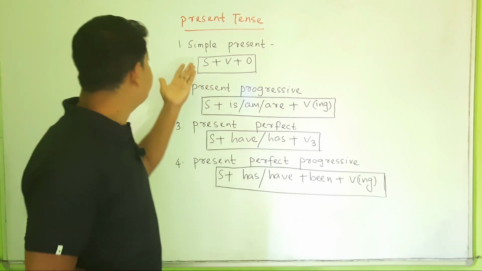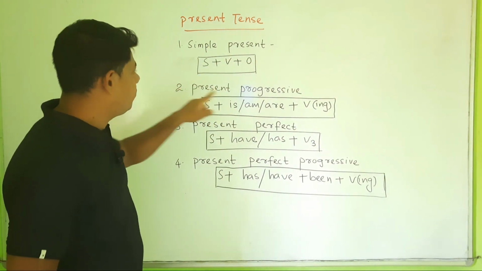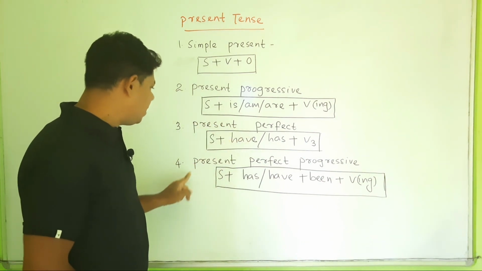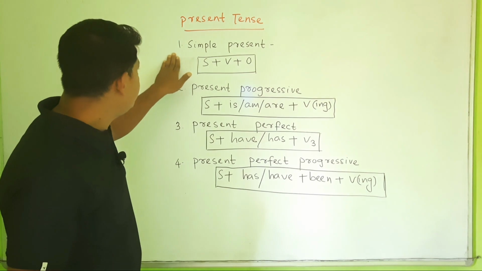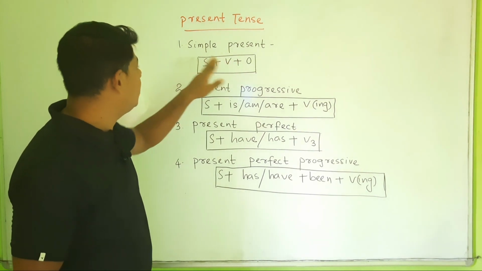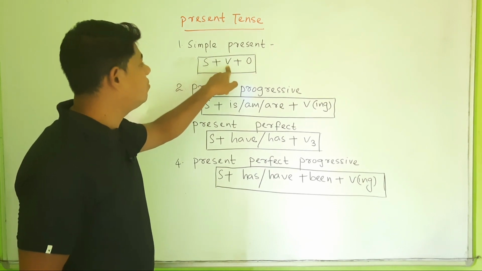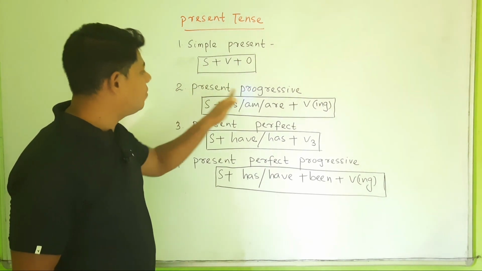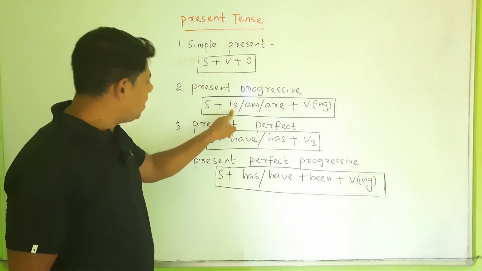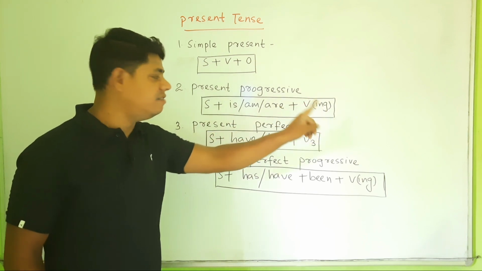So friends, you can see the present tense is divided into simple present, present progressive, present perfect, and present perfect progressive, or present perfect continuous, you can say. In the simple present, the sentence is written in the form of subject, then verb, then object. In the second form, present progressive, it is subject plus is, am or are plus verb-ing.